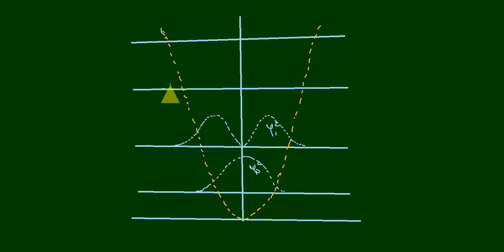Then in the case of psi 2 square, I have a node here and another node here. So I get something like this one, then go like this one, go like this one.